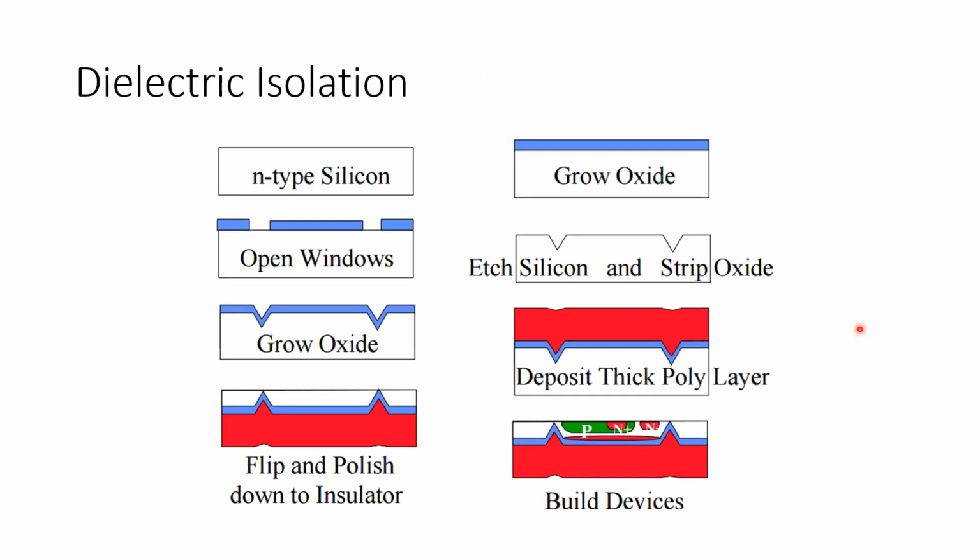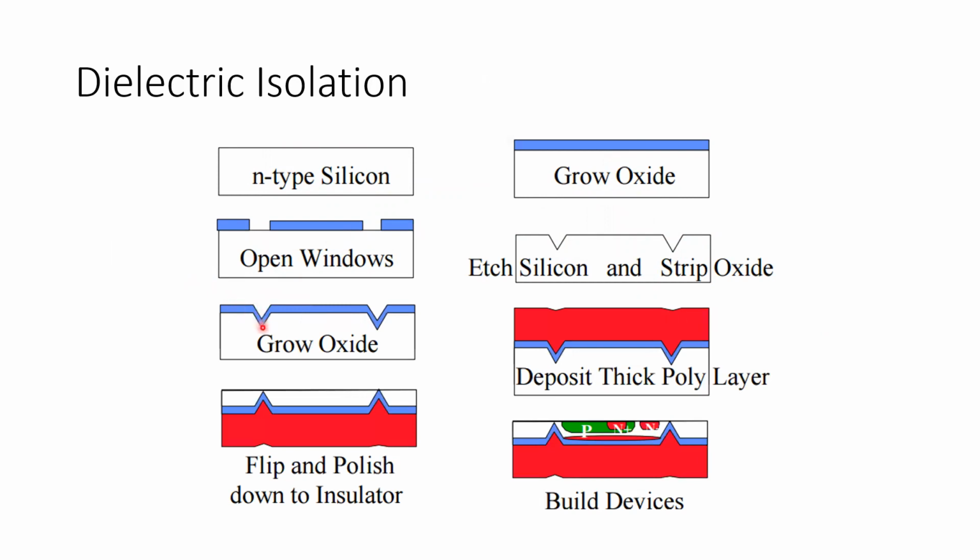First, dielectric isolation. Here is the process. We have, for example, an N-type silicon, and we grow oxide, pattern the oxide with windows, etch the silicon, strip the oxide, and grow oxide again.